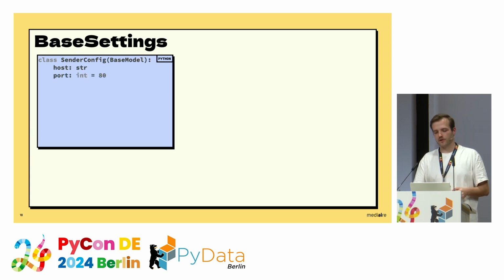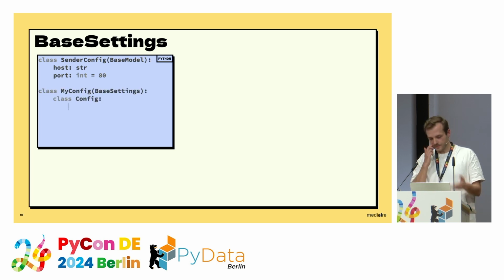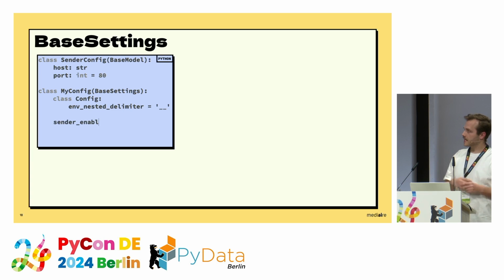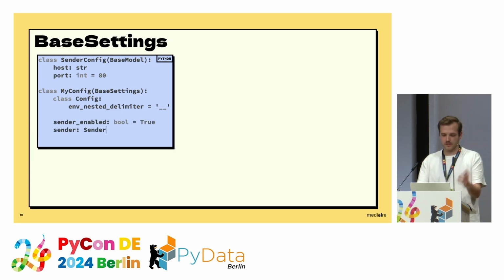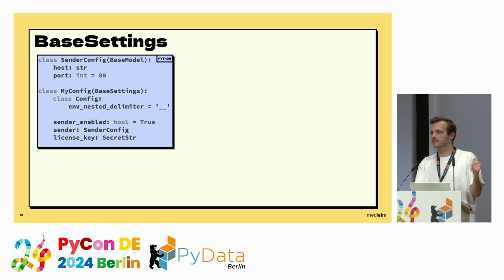But now for my base system, I'm choosing BaseSettings. And I can also use the Config class within our class, which also works for BaseModel, to configure the Pydantic model even further. You can, for example, supply allowing or forbidding extra values or changing aliases or something like that. But here we're just setting the env nested delimiter.